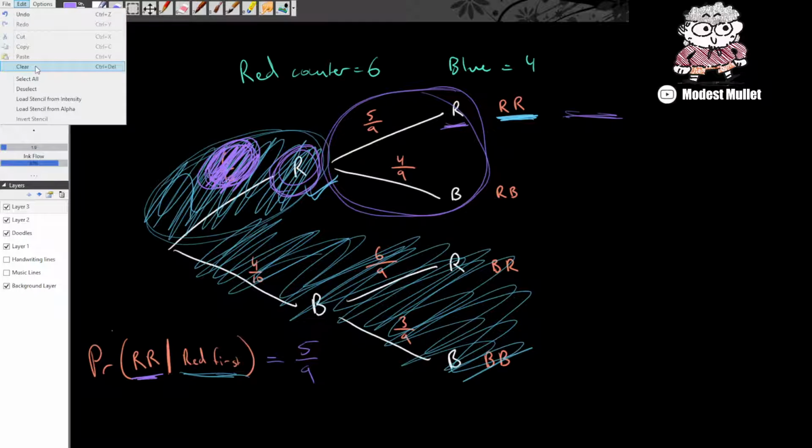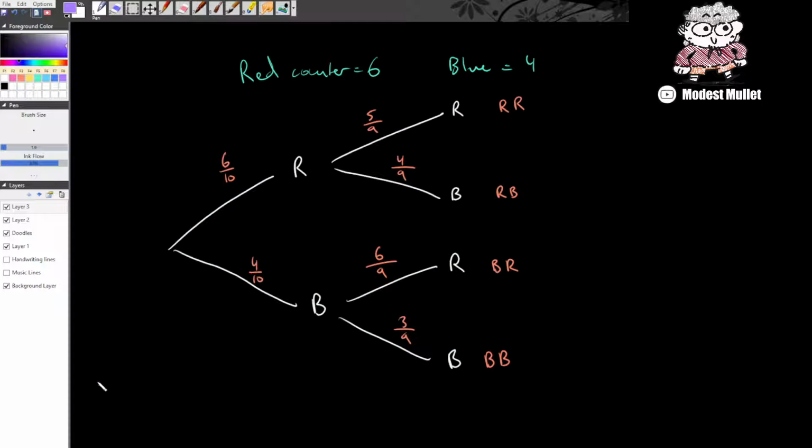So let's do another one. What is the probability of getting blue, red, given I got a blue first?